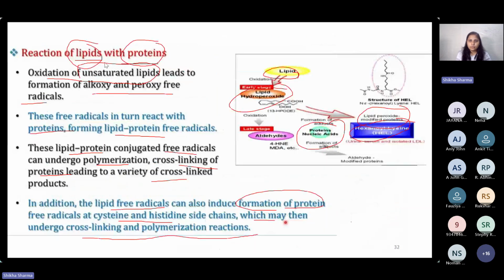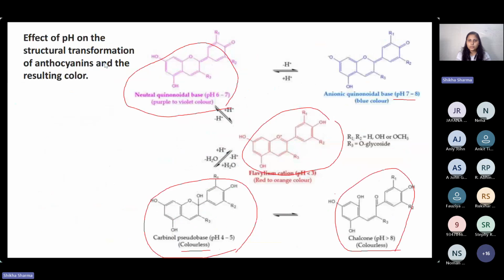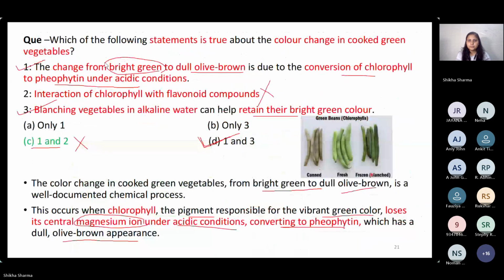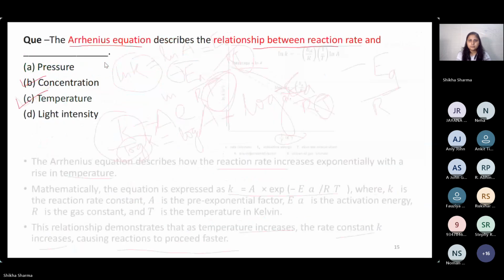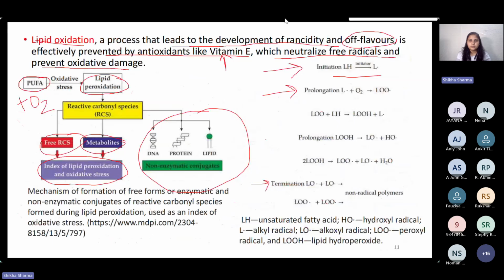We discussed this already in the previous slide. Here in lipid oxidation, we know that it takes place in three steps: initiation, propagation, and termination. So what is happening here?